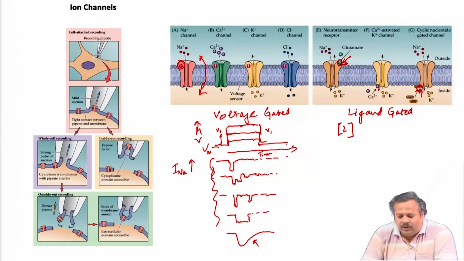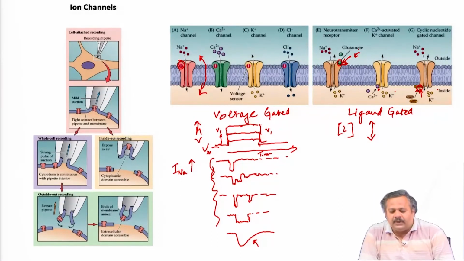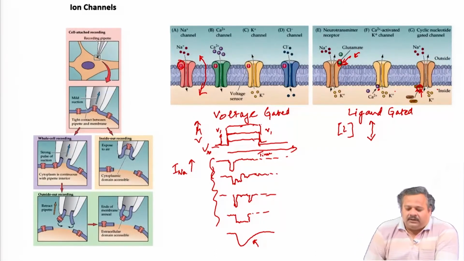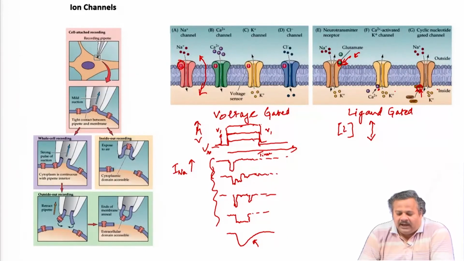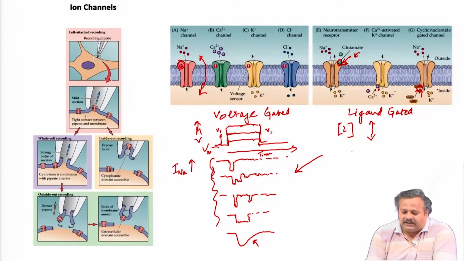Similar to this voltage experiment, if we vary the concentration of the ligand, for instance in the neurotransmitter receptor case with glutamate binding, then again we can measure currents very similar in nature to this, and by varying it we can get the dependence of the conductance of this particular ion channel on the concentration of the ligand.